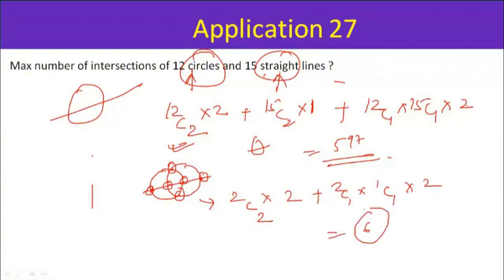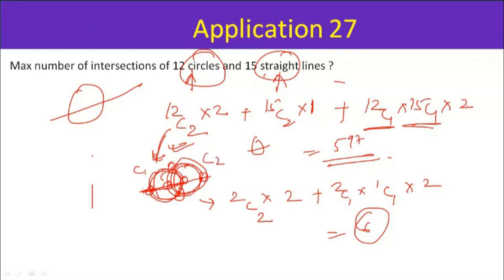This is matching my answer, right? 6. So this case will be covered when you are saying 12C2, right? You have already considered this case, this and this. Yeah, this is already covered here. Now, when you're saying 12C1 into 15C1, you're actually covering, see, this case, circle 1, circle 2.